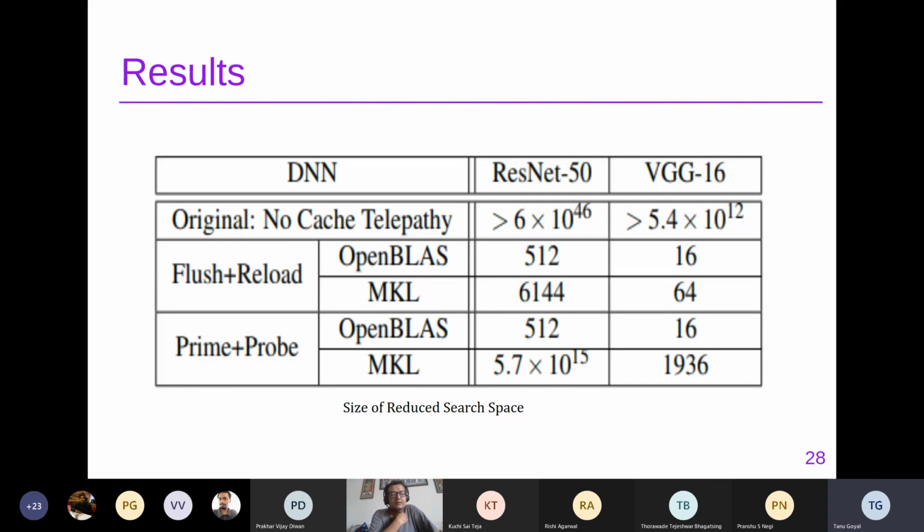We know the number of neurons, the number of filters used at each layer, the filter sizes, the pool size, and the stride size. Basically, the sizes are nothing but the size of the matrix, right? So that's the reason the matrix multiplication was vulnerable to this cache attack, and we were able to reduce to such a small number.